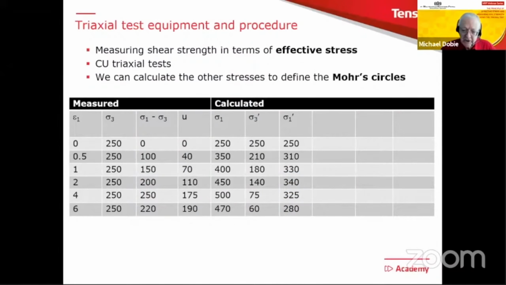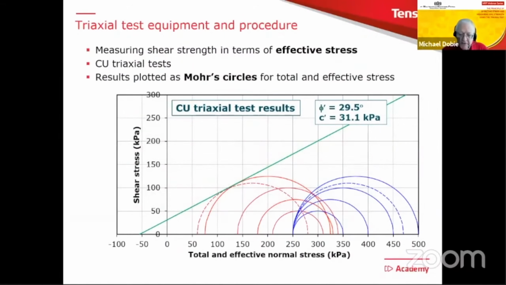So what we're going to do now, go back to our table of data there, and we're going to calculate the various principal stresses, sigma 1, sigma 3 dash, and sigma 1 dash. And once you've got those principal stresses plus sigma 3 originally, we can then plot Mohr's circles on a diagram like this. So I've done a Mohr's circle for each of the stages of the test.